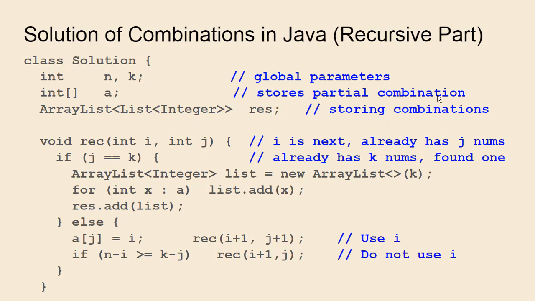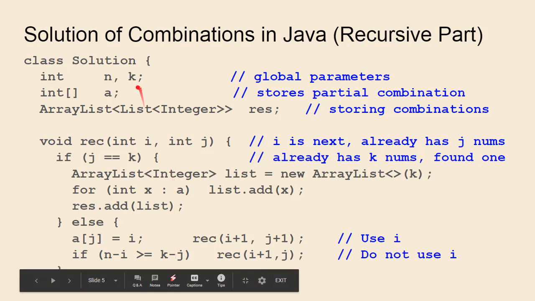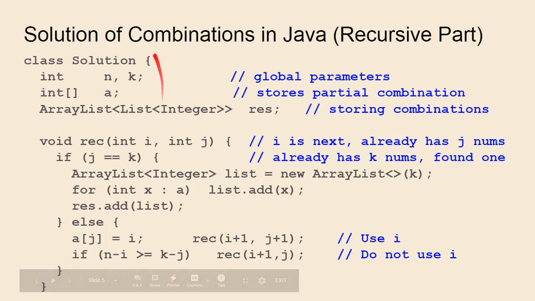Every time we find a new combination, we will add it to here. In the recursive call, there are 2 variables that change with every new recursive call. All the variables above are shared by all the recursive calls. The variables specific to each recursive call are i and j.